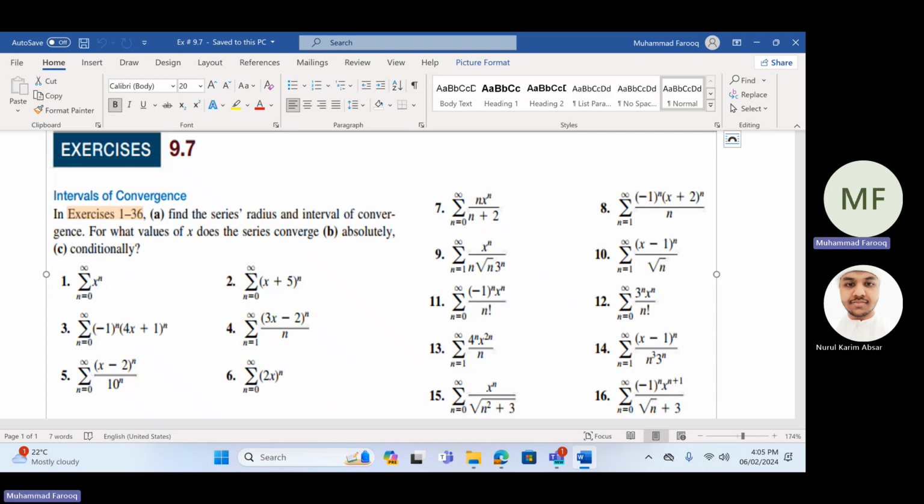In part B, oh, sorry, part A is asking three things. Number one, the radius of convergence. Number two, the interval of convergence.